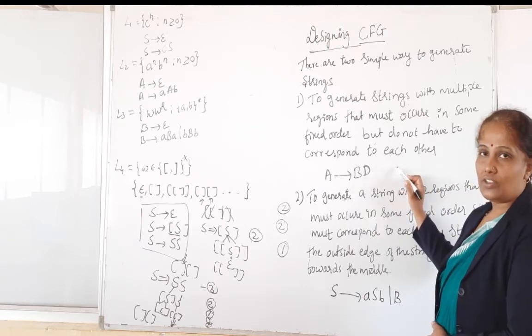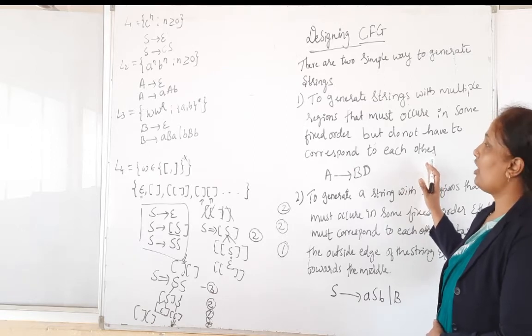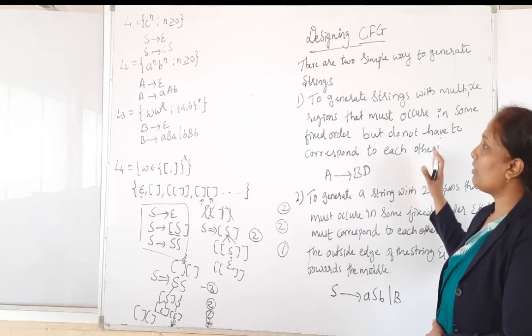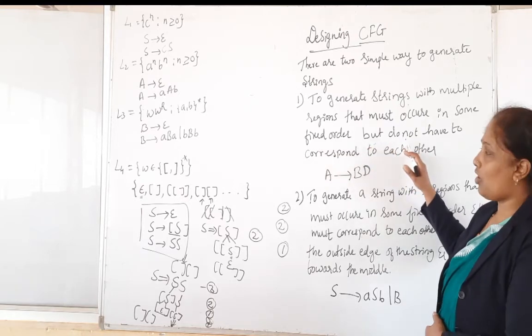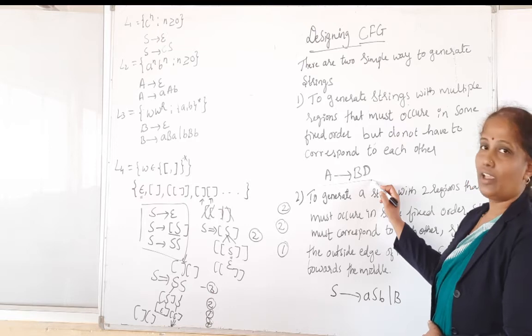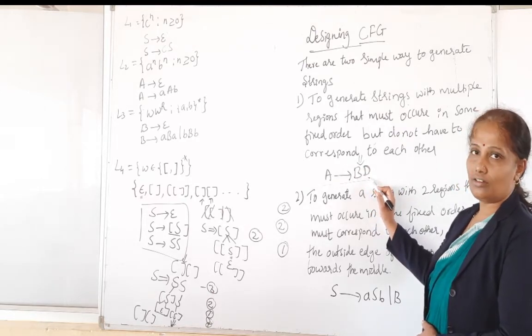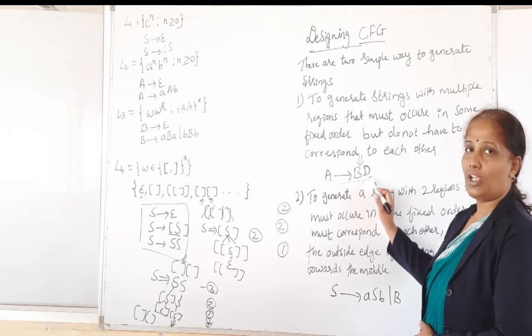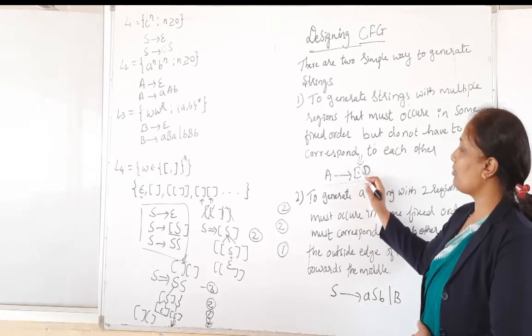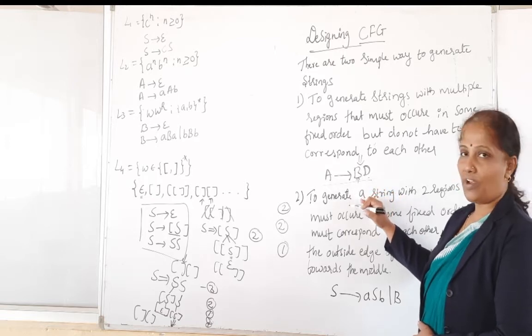See, we are defining the strings which belong to multiple regions. They do not correspond to each other but they are in some fixed order. So to define such strings, we are going to write the rule in this way. Check out the right side of the rule. Here I have defined two non-terminals continuously. The first non-terminal defines strings for one region.